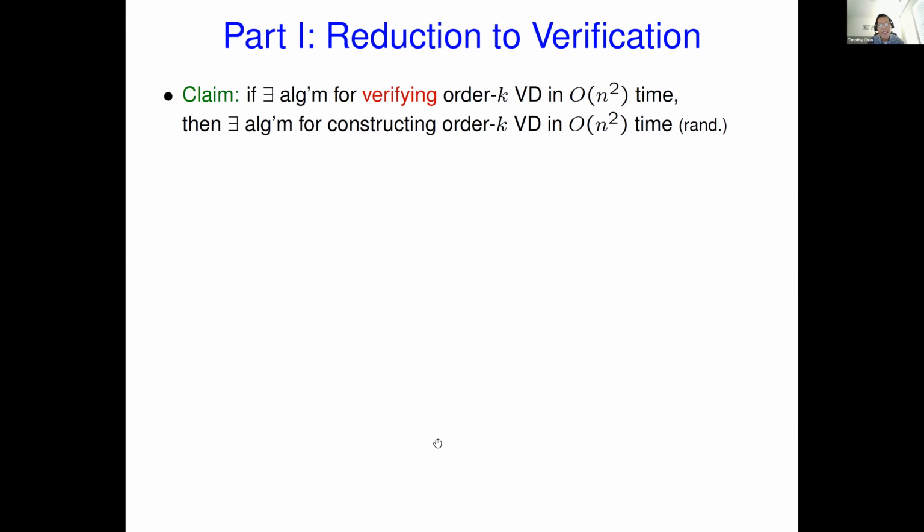Okay, and if you want to take another perspective, here we're basically reducing a problem to a decision problem. So verification is a decision problem. In computational geometry, there is a well-known technique for reducing optimization problems to decision problems, namely parametric search.